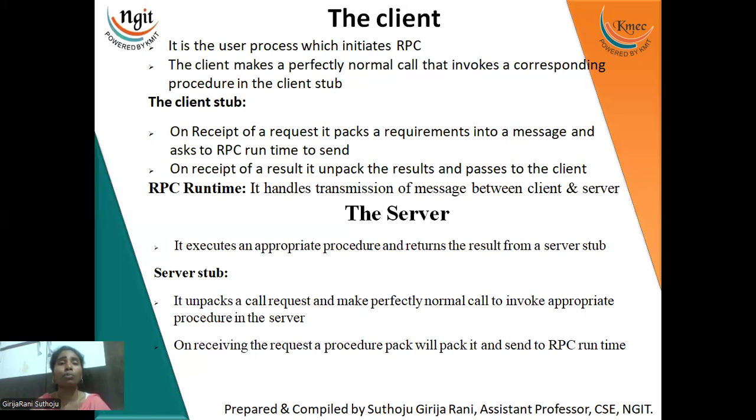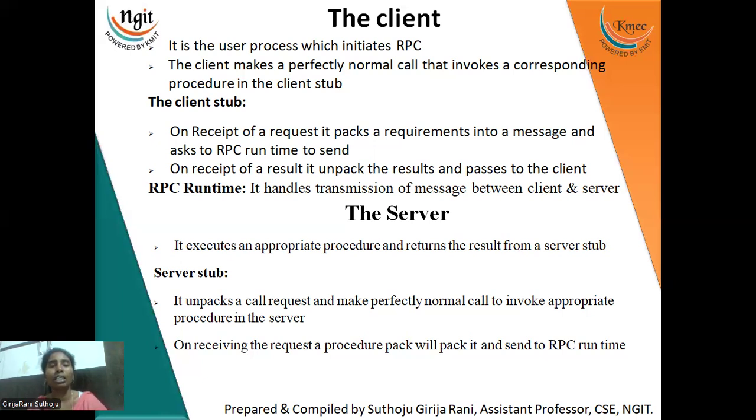Immediately the procedural call will be awakened with the client stub. So, what is client stub? It will be taking the request of the client and providing one receipt of a request, and it will be packing all the requirements into one message, stamping it, and sending it to the RPC runtime.